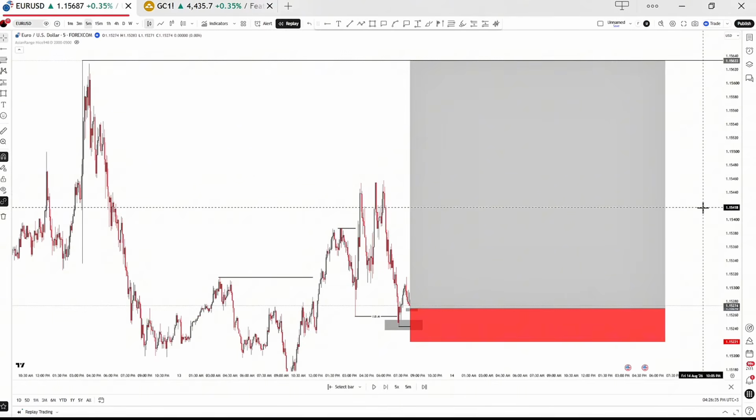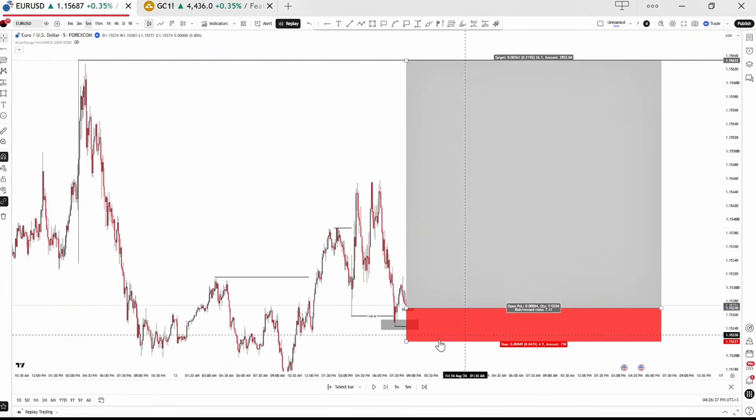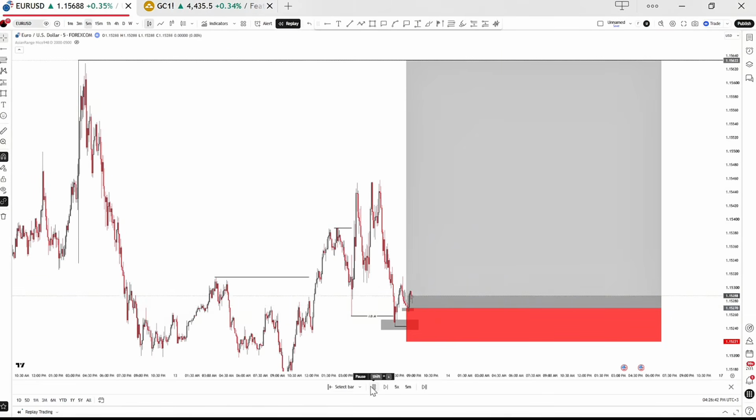And now I'm going to play price and we see how this turned out. Immediately price touches the zone, it starts spiking up to show that the buyers are having big momentum in the market, which is a good sign that price is going to be pushed to the upside in the long run.